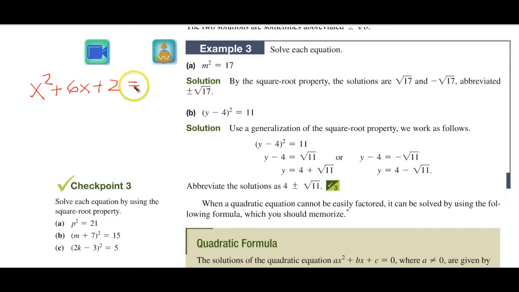But in completing the square, we want to make, on this side, a perfect square trinomial. So, if we do, we have to replace this c term with something else. So we take our 2, move the 2 to the other side, and we get a negative 2 there. So this 2 now is gone.